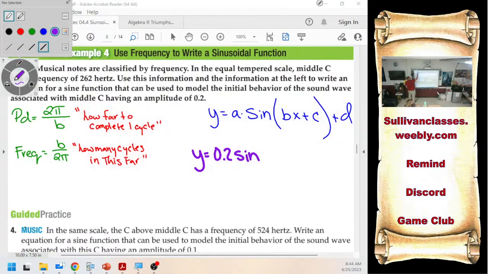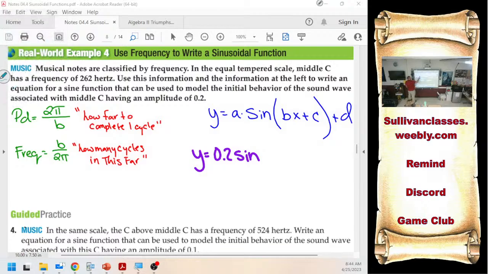They told me the frequency was 262 hertz, so 262 is b over 2 pi, cross multiply, solve, and get b is 524 pi.